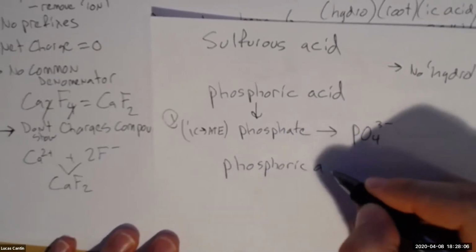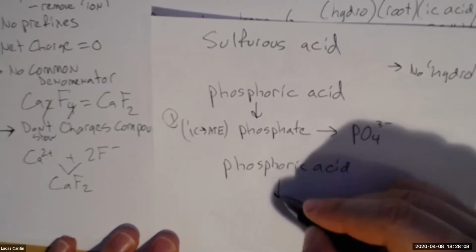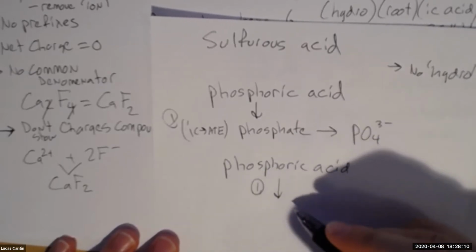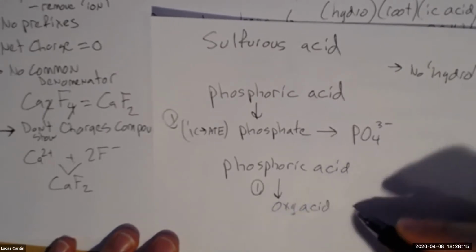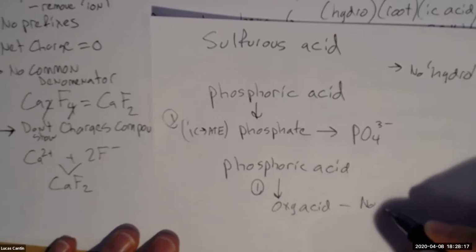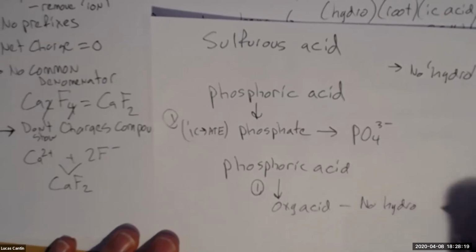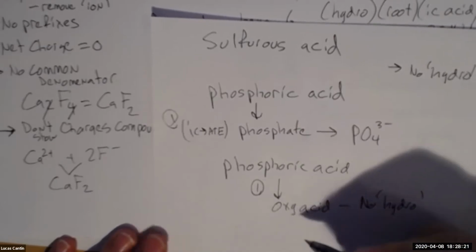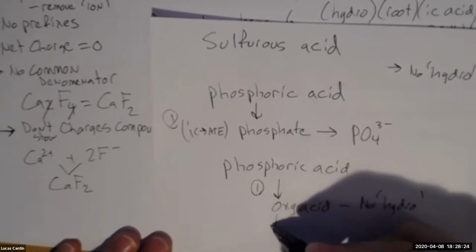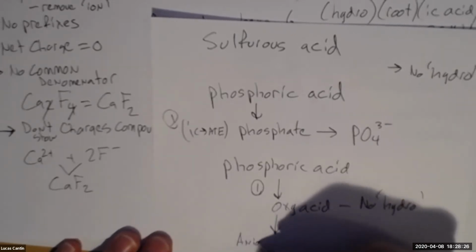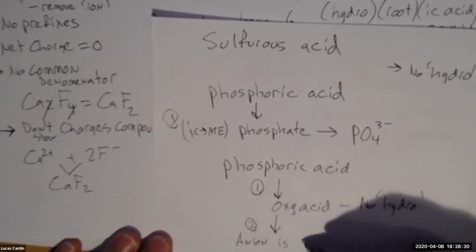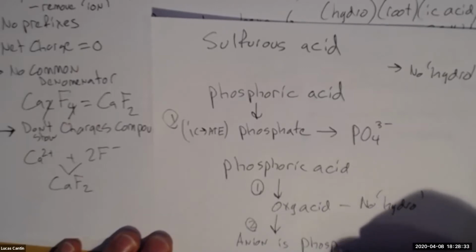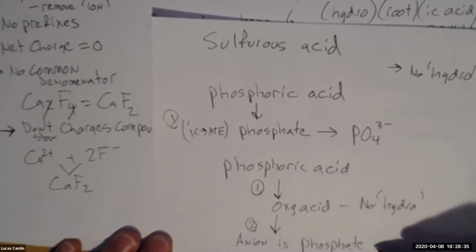Phosphoric acid. So the first step is actually saying to ourselves, it's an oxyacid because there's no hydro. That would be a better first step. Okay, no hydro. So then the second step is to say the anion is phosphate, because it came from an ic.